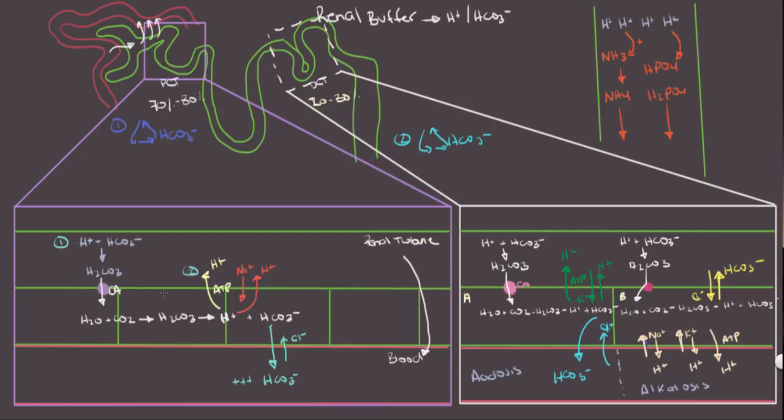The proximal convoluted tubule is where we see the majority of this happening, but we also use our distal convoluted tubule to balance the remaining 20-30% of bicarbonate reabsorption, or to manage acid-base balance when we start to see an alkalotic environment occurring in the blood.